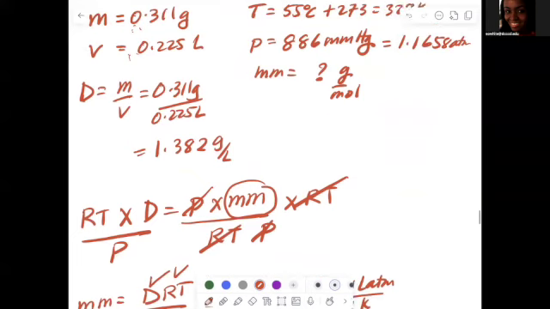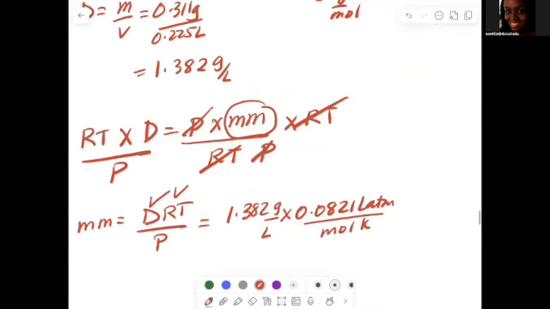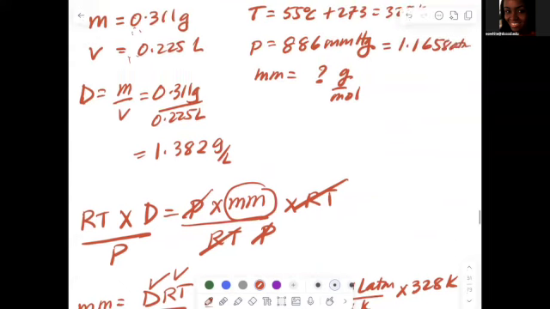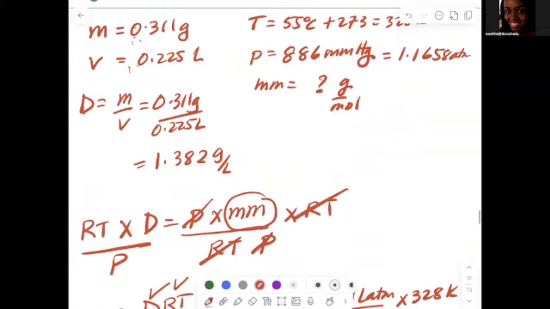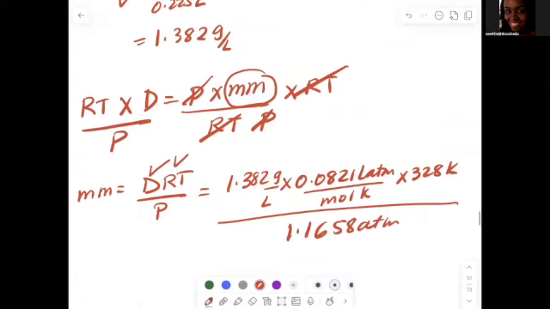Temperature, 328 K divided by pressure, 1.1658 ATM. Is that what I got? 1.1658. Okay. Let's see how the units play out.